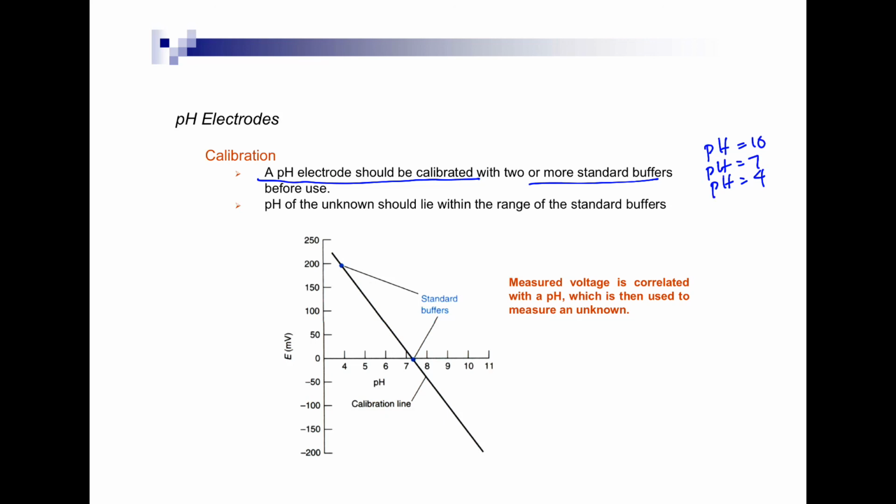And when we measure an unknown solution, we want it to lie within the range of those standard buffers. So the unknown solution should have a pH of less than 10 and more than 4. If it's somehow out of the range, maybe you should run a calibration point, something like 12, so that your unknown is within your calibration range.